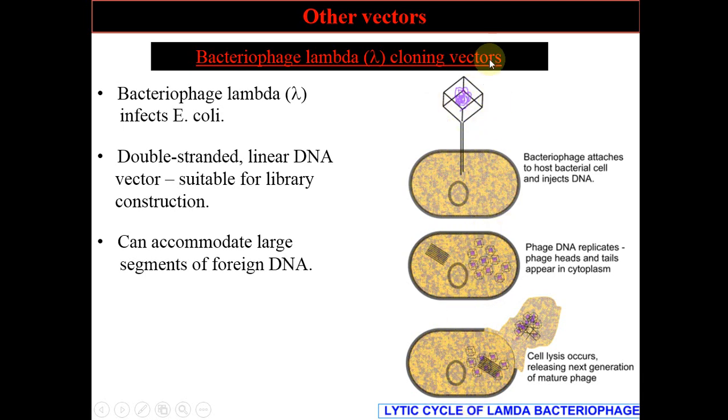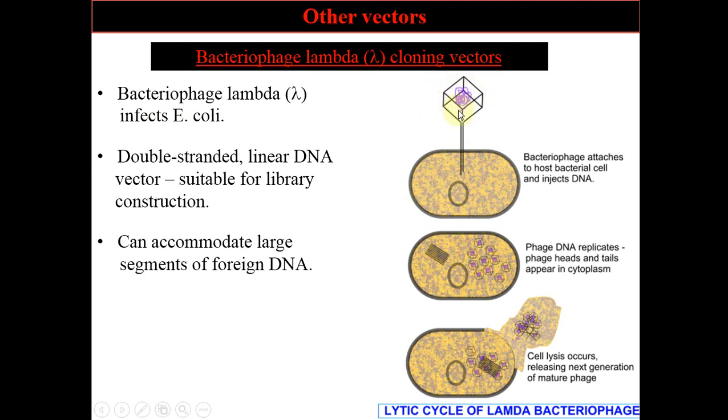The bacteriophage is a phage virus which infects E. coli bacteria. Here we are considering the example of lambda phage. Lambda is a type of bacteriophage that infects E. coli, that is, the host of lambda phage is E. coli. So this is the lambda phage.